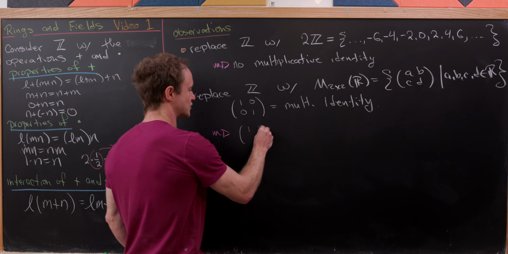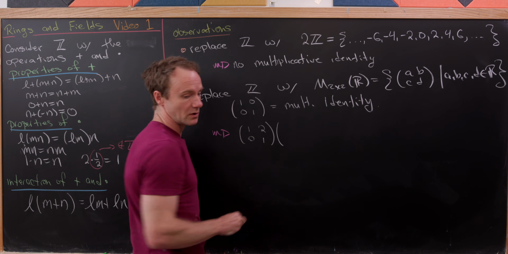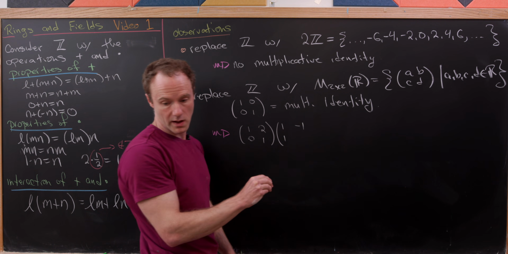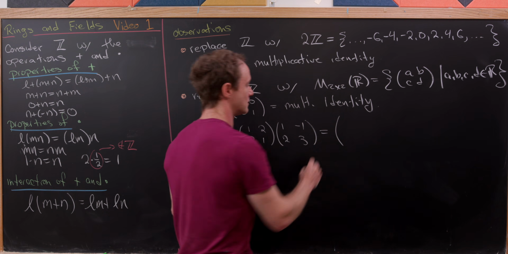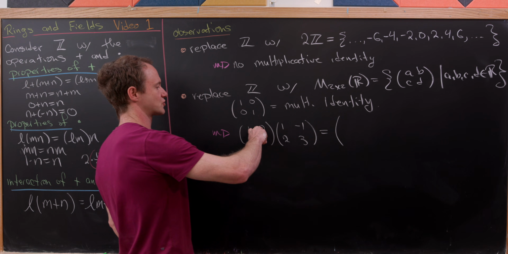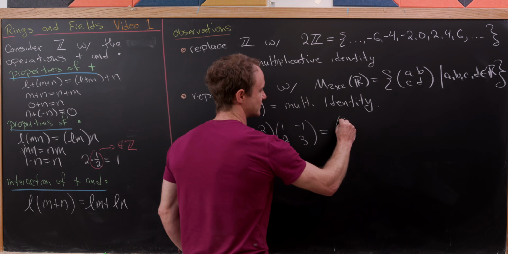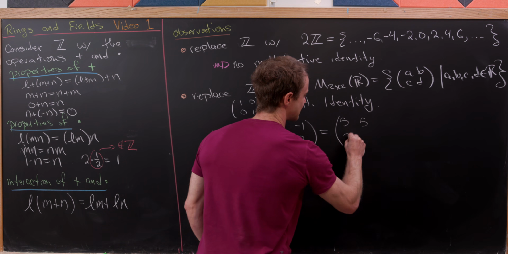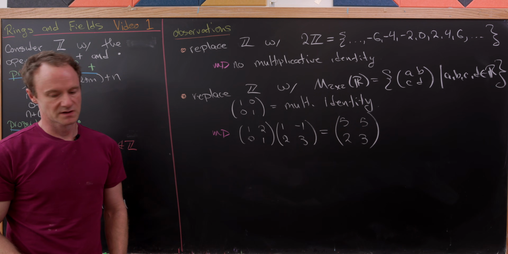Let's take the matrix [1 2; 0 1], and let's multiply it into the matrix [1 -1; 2 3]. With the standard rule for multiplication of matrices, we'll take this first row, swivel it into the first column. This first entry up here will be 5, and then we'll have 5 for the second entry, and then 2 and 3 for the bottom two entries.